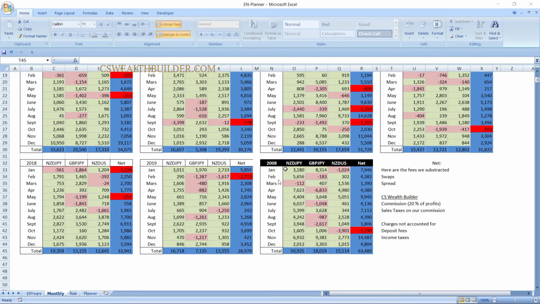And I did put the financial crisis at the end, but it is still positive. That is very interesting. It's profitable every year for the last 10 years and the year of the financial crisis. That means 11 years. Everything is positive. That's great.